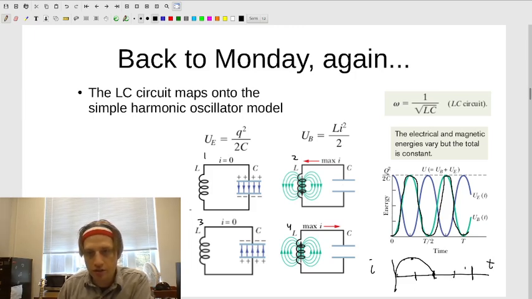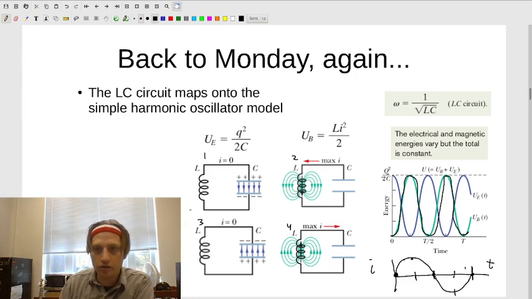Then the current starts going the other way, and then it starts decreasing and comes back to 0. And so these places where the current is 0 is where your capacitor is totally charged. The place where your current is maximum is where your inductor has the most energy.